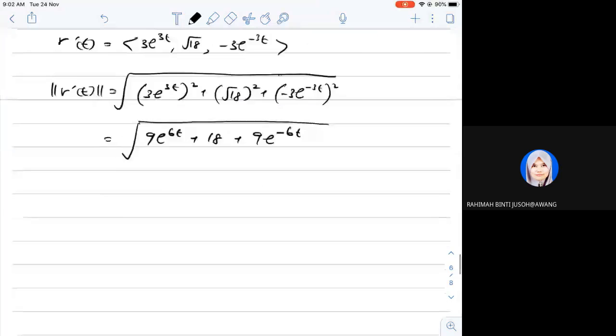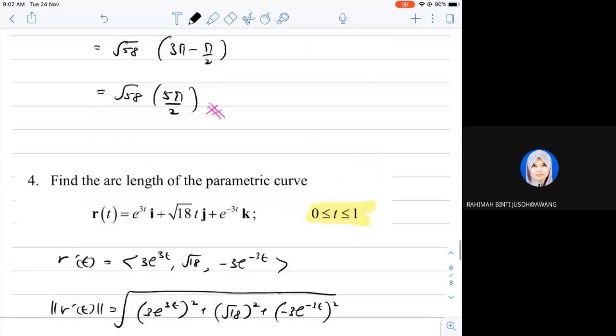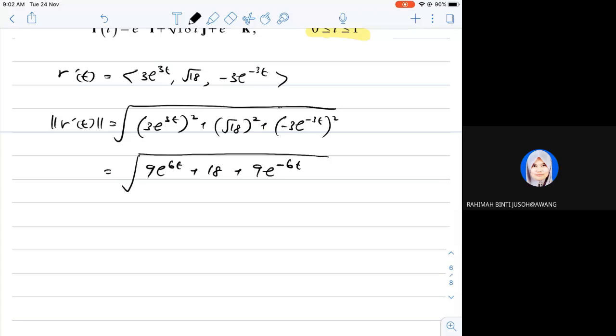Now logically, if we want to proceed with the integration, it's very difficult to integrate with the square root sign, so we cannot integrate this term. So we have to do some tricks.